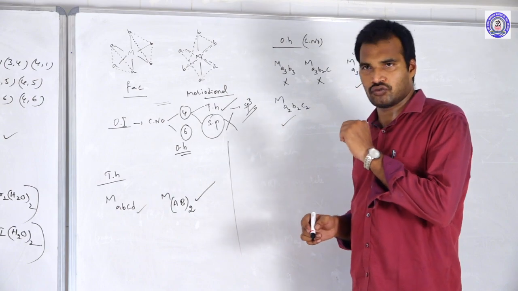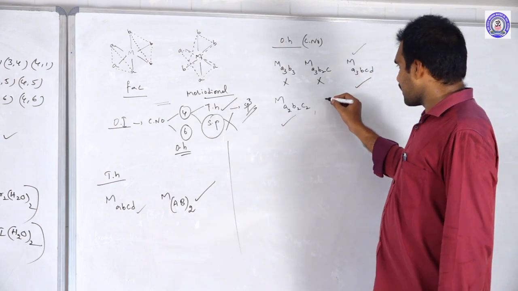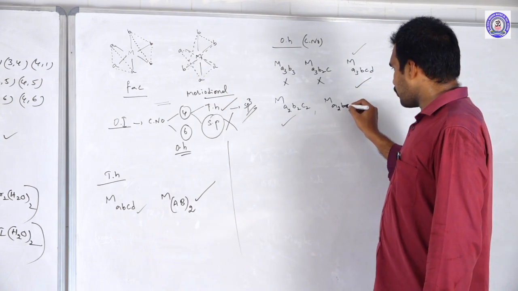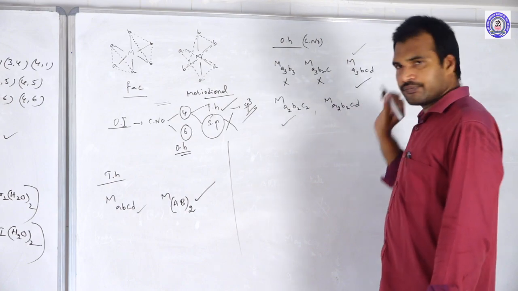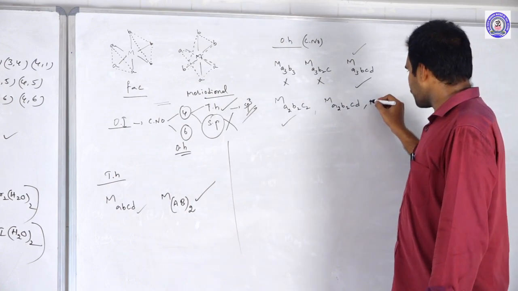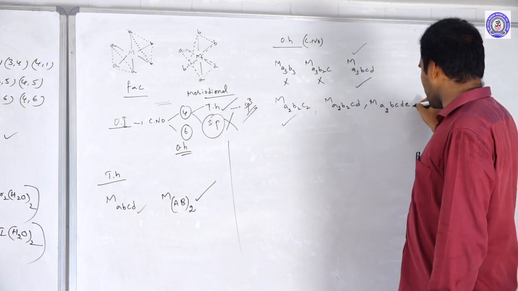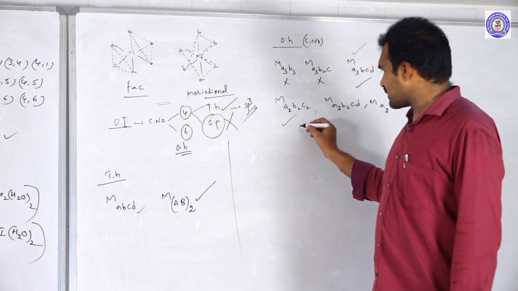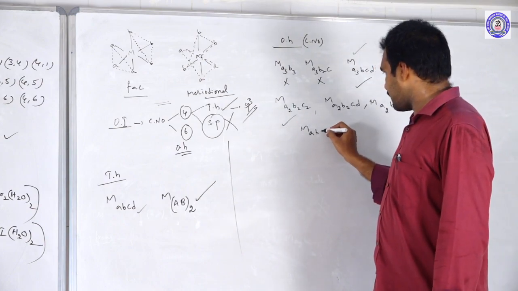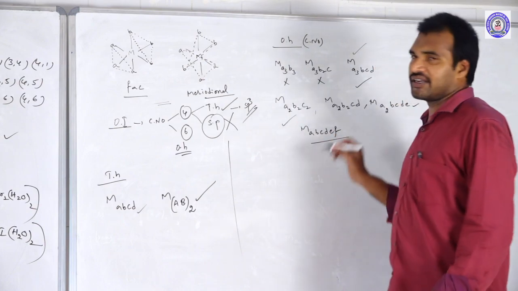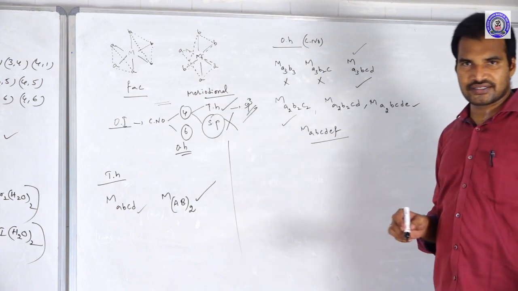No doubt, they will show. Remember this. Next, MA2B2CD can show. Next, MA2BCDE also can show. Next, MABCDEF can show. These complexes can all show.